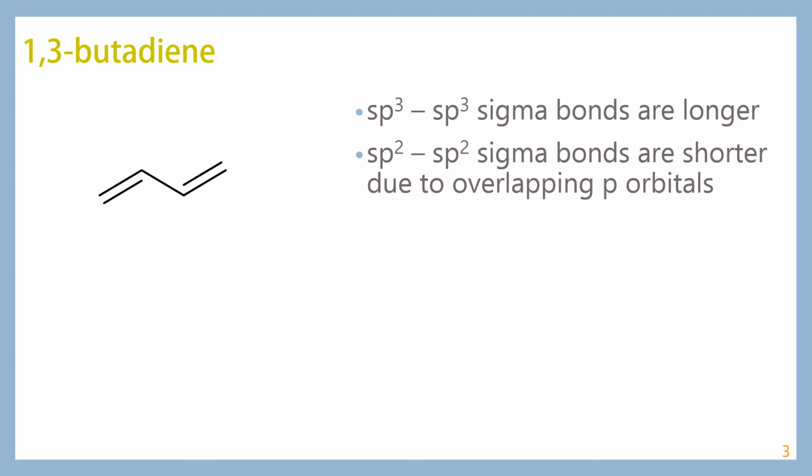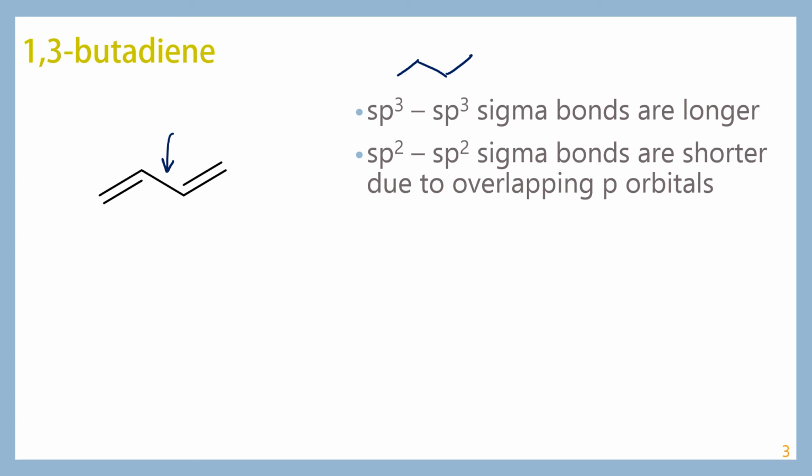So what it's talking about here is just a regular sigma bond. None of these atoms are actually sp3 hybridized, but they're saying, in general, say we're looking at butane, sp3 sigma bonds are longer, and sp2 sigma bonds are shorter.